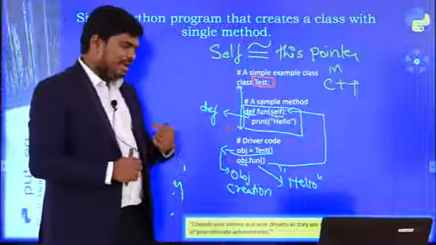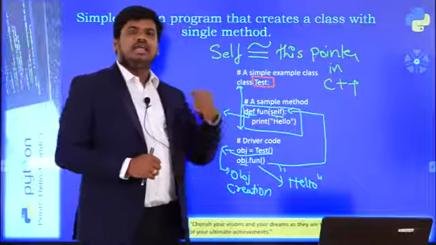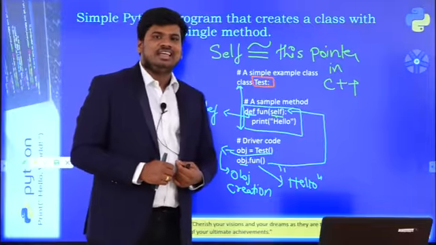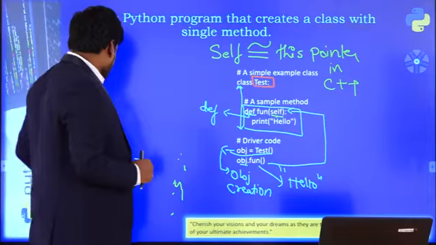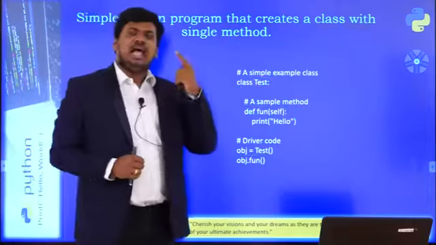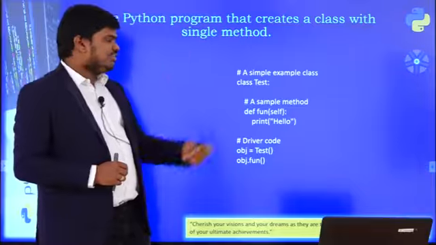In a similar way, in Python, instead of using a this pointer, I will go with a keyword, and the name of that keyword is self. Now observe carefully. Practically, I will show you the importance of the self keyword.